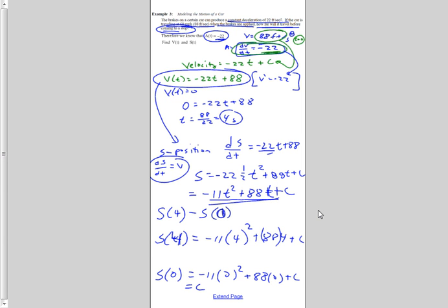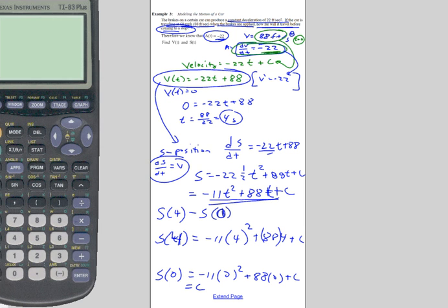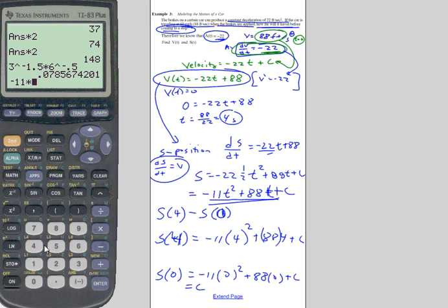And finding out s of 4, let me just rely on a calculator for a second. We have negative 11 times 4 squared plus 88 times 4. So 176 plus c.